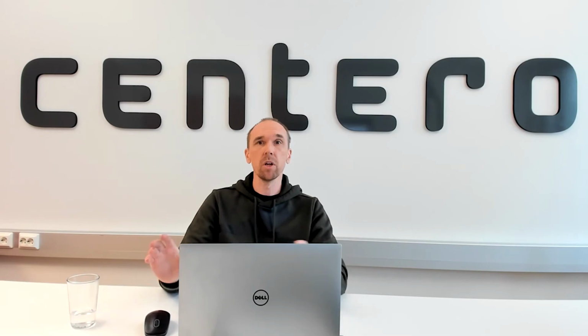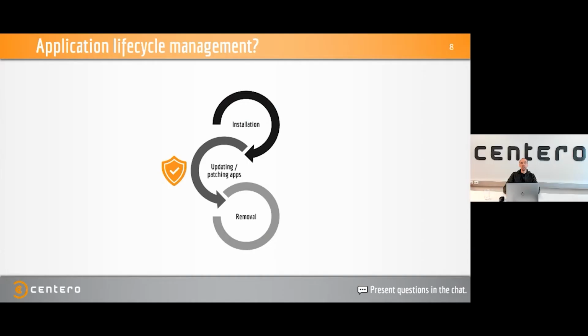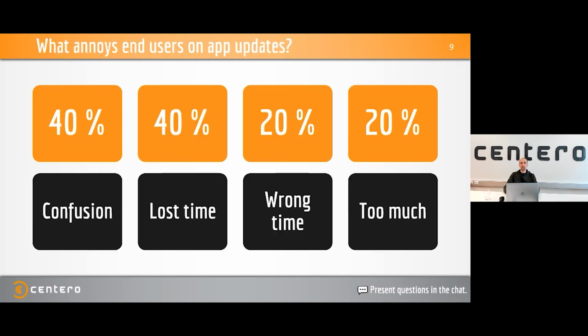And of course, sometimes the application update is a feature update, not security critical, but sometimes and many times for the third-party applications, it's a security critical update. So you need to make the update fast in your environment. And of course, sometimes even someone removes the application. So that is, of course, one part of the application lifecycle management.